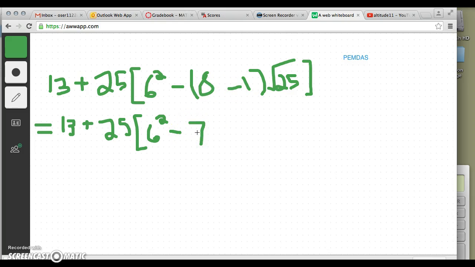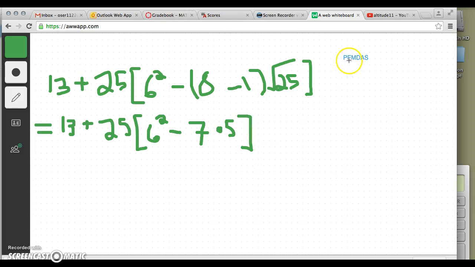That is 7. And notice that this parentheses and this square root here, there's no operation in between, meaning that it is multiplication. I'll go ahead and put a symbol there for multiplication. And we can treat this square root as a grouping symbol as well. What is the square root of 25? That would be 5.